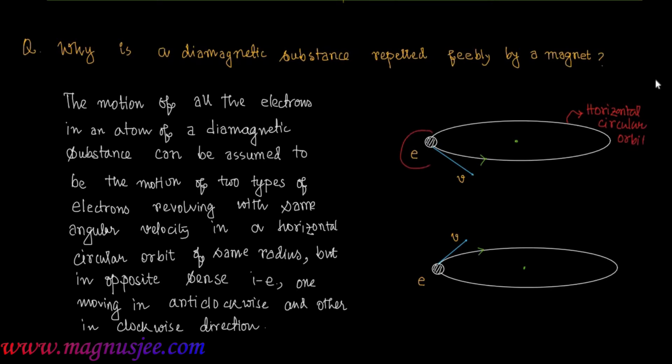When the electron revolves anti-clockwise, the orbital velocity v acts outwards with respect to the horizontal circular orbit. Similarly, for the electron which revolves clockwise, the orbital velocity v acts inwards.